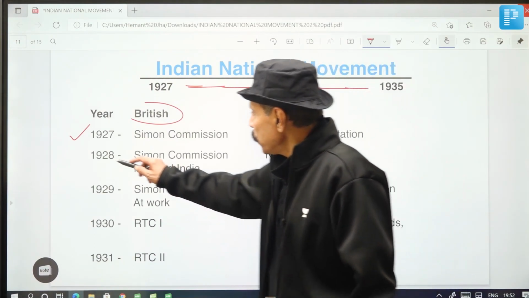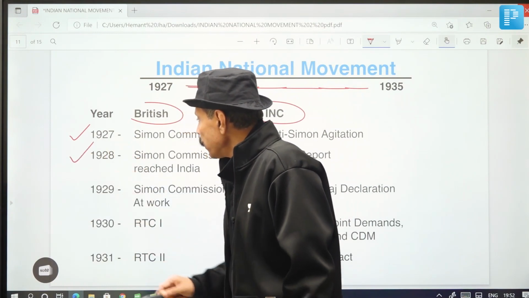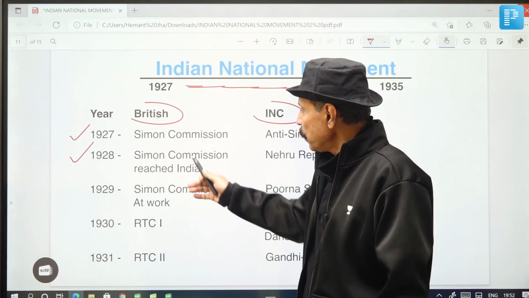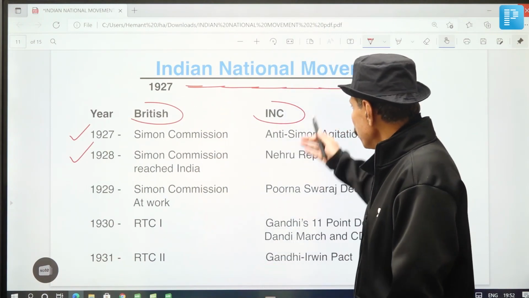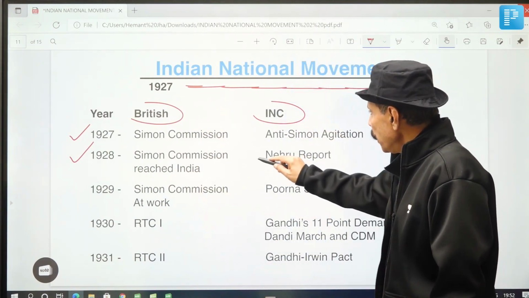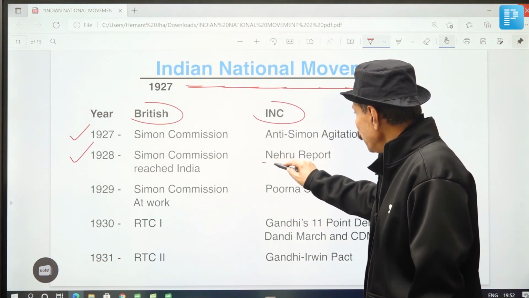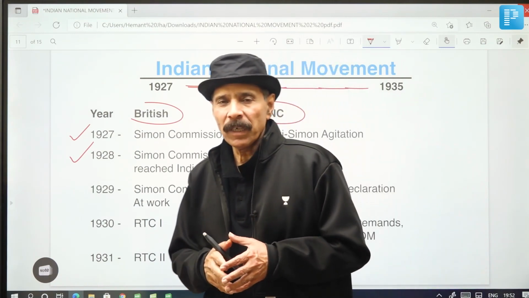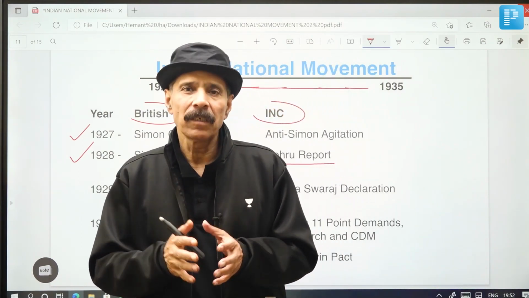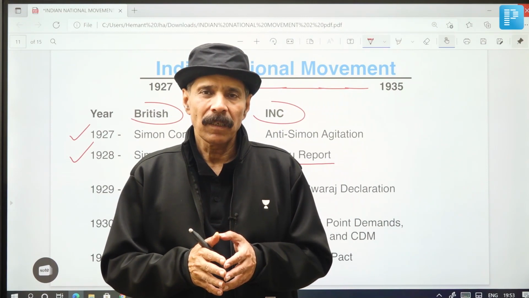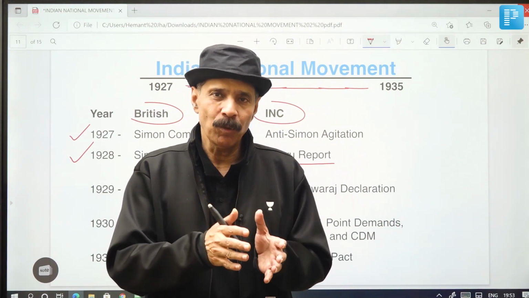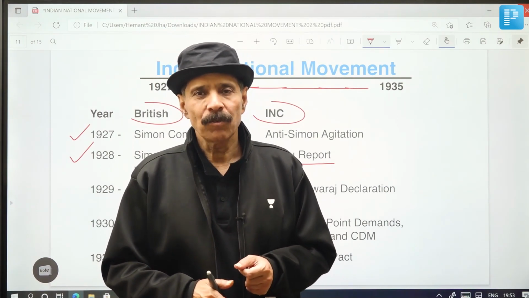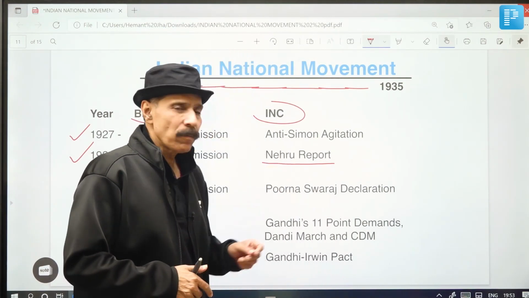Then point number 2 is related to the year 1928. Simon Commission reached India. So this is British side. And INC side, Nehru Report. Nehru Report was a draft constitution prepared by a committee, and this committee was headed by Motilal Nehru, so known as Nehru Committee, and so the report is known as Nehru Report.